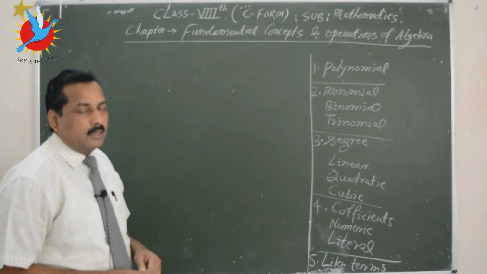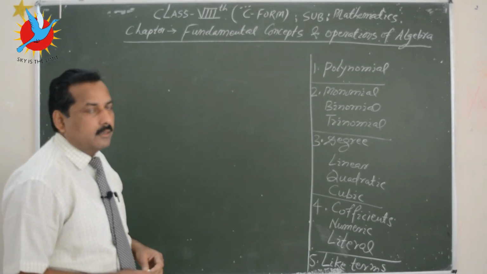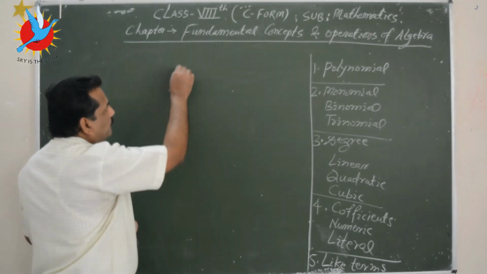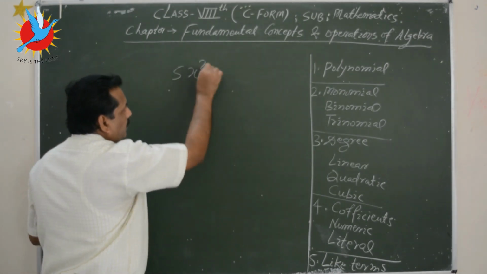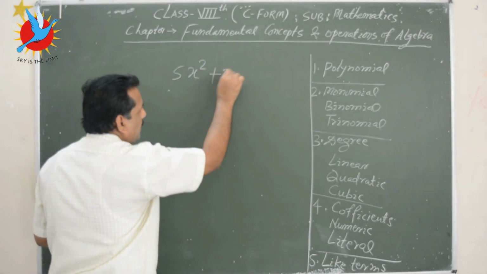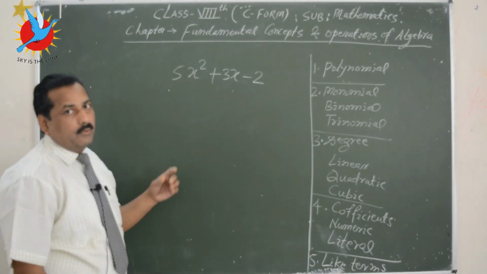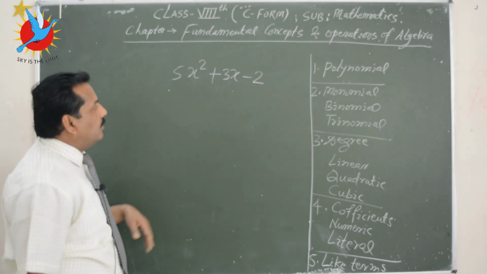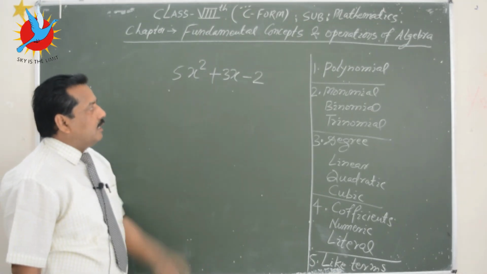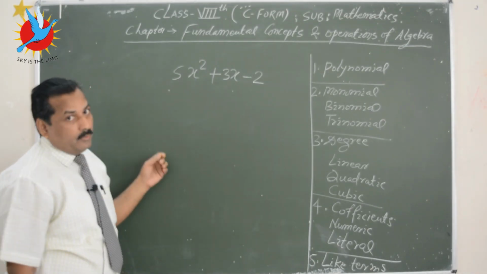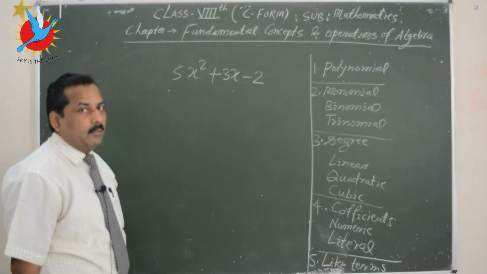In the last session we discussed algebraic expressions. For example, 5x square plus 3x minus 2. Obviously you are clear about this. This is an example of an algebraic expression, and you can also identify the number of terms.